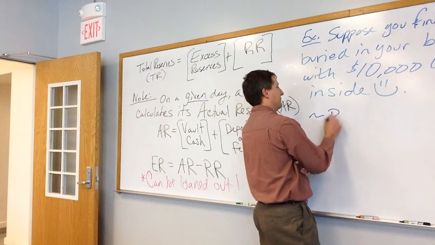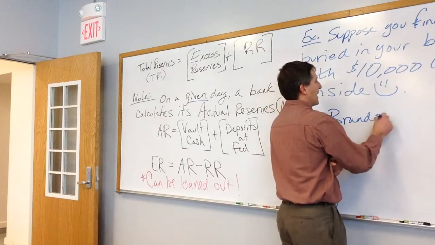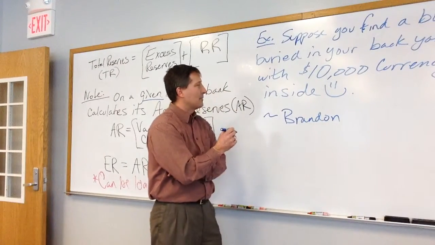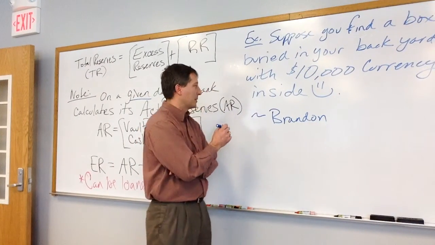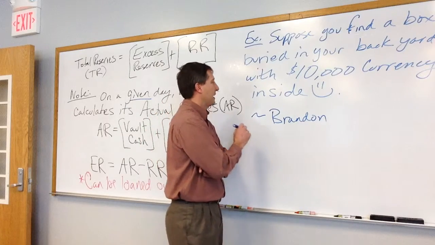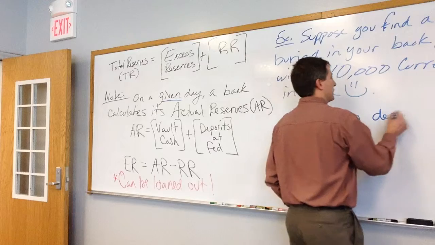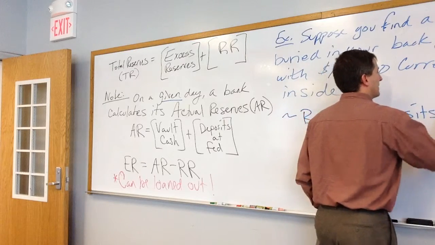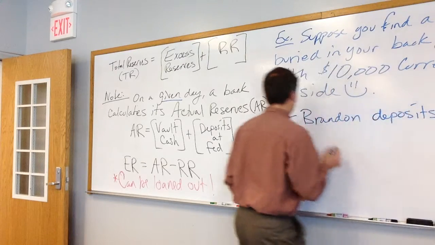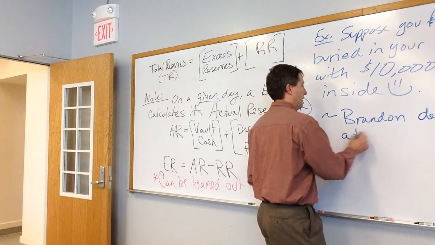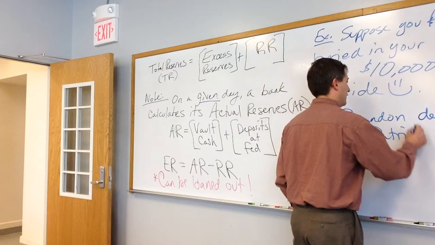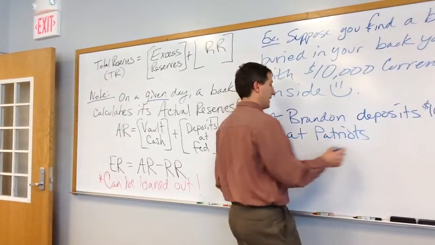All right. I just needed a name, actually. Other than that, I'm going to ask you where your bank is. What bank are you at? Patriots Bank. All right. So Brandon deposits the $10,000 at Patriots Bank.